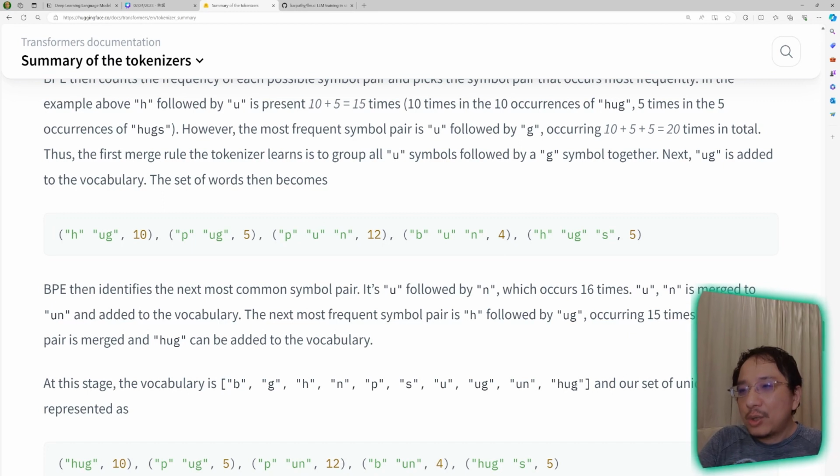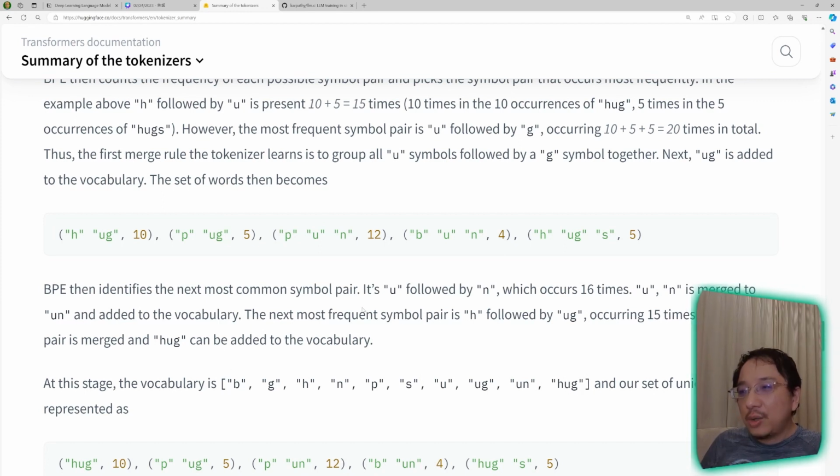Although HUG has a longer length than other combinations like PU or BU, we are only focusing on the frequency. Since HUG is the most common pair, we put it into the dictionary.